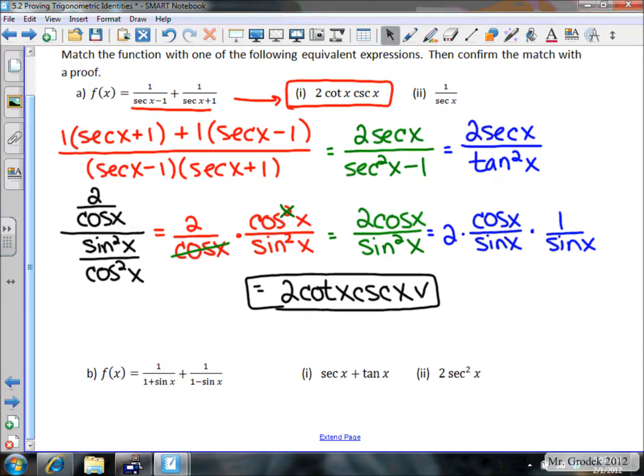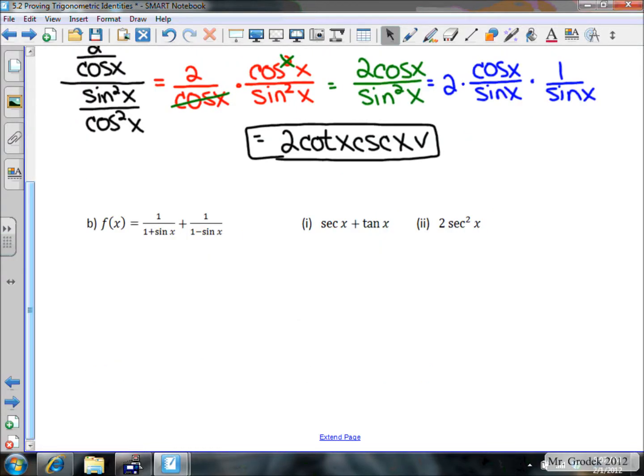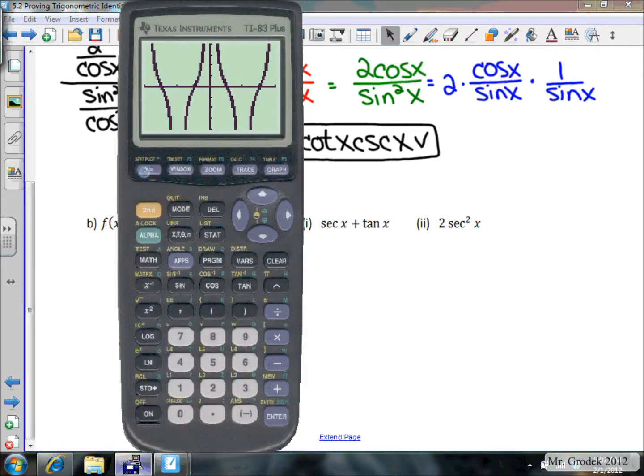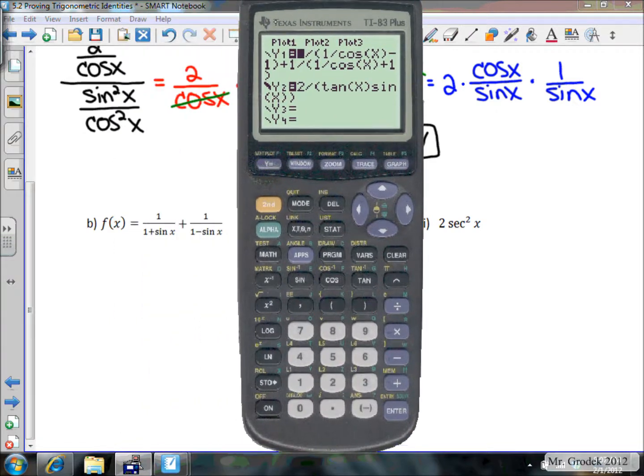Now, in example 3b, we have 1 over 1 plus sine of x plus 1 over 1 minus sine of x. We need to see if it's going to equal secant of x plus tangent of x or 2 secant squared of x. So we're going to take out a calculator here. 1 divided by 1 plus sine of x plus 1 divided by 1 minus sine of x.